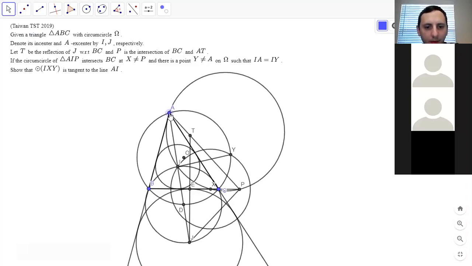Interesting. I didn't realize that, yeah, IXY is isosceles. So we want to show that AIY is similar to IXY. That's really interesting.